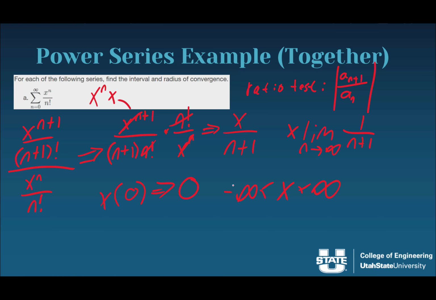So if we were to get a number, say like 4x or something like that, then would you just solve for the inequality, like -2 is less than x?